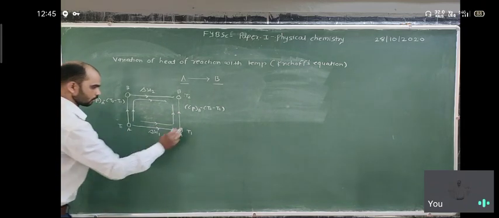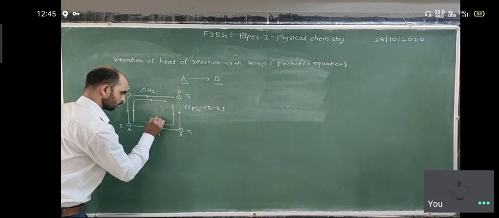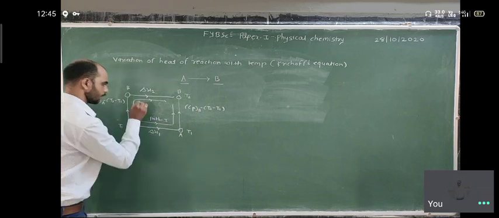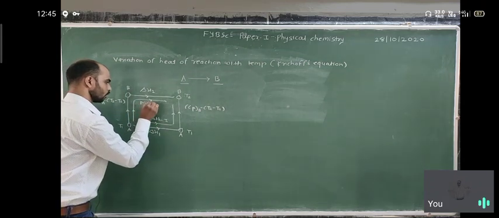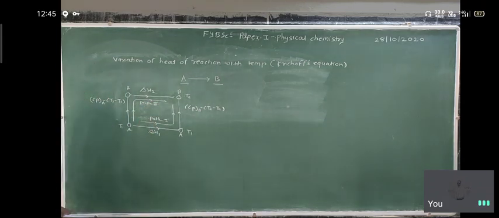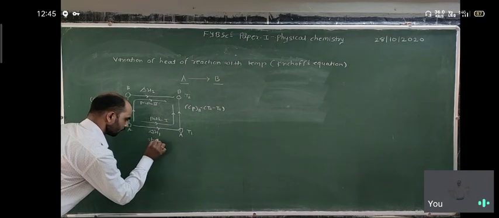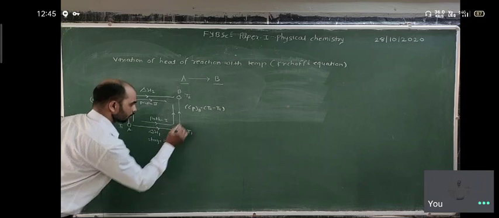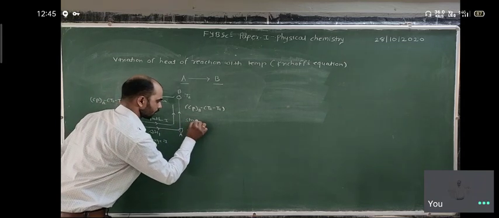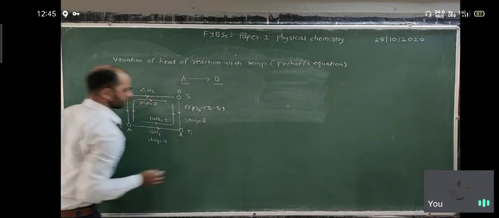So this is path 1, here is path 2, or route 2. For path 1, it is stage 1 and here is stage 2.